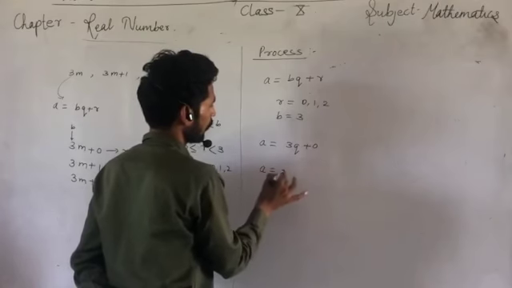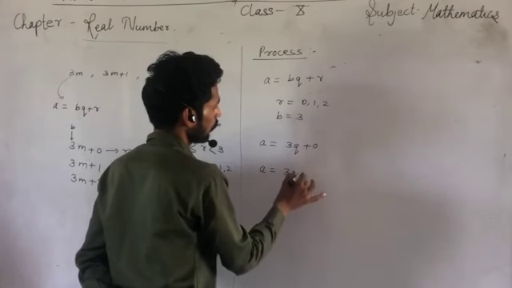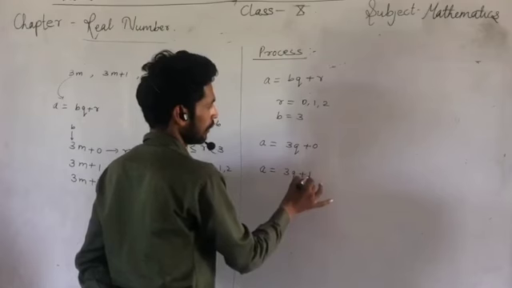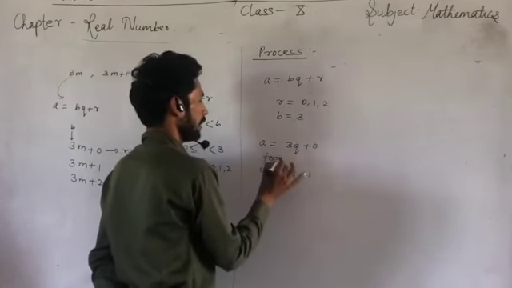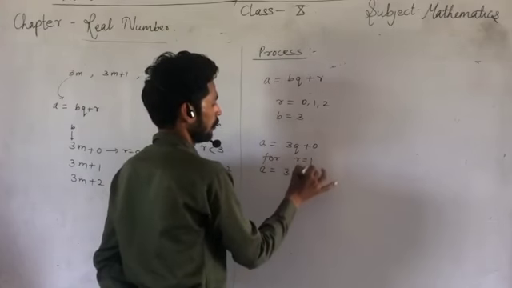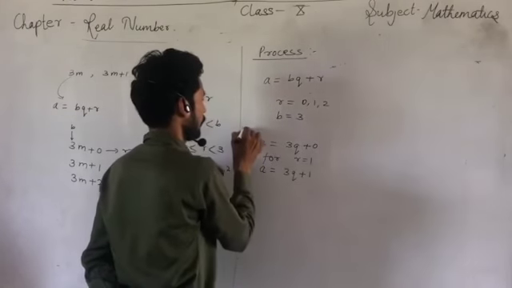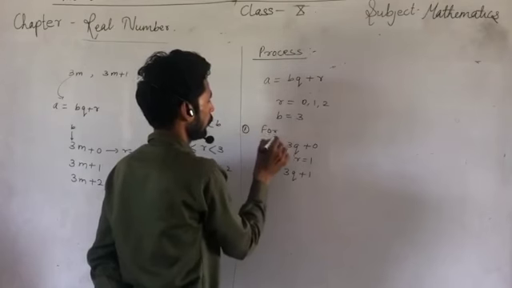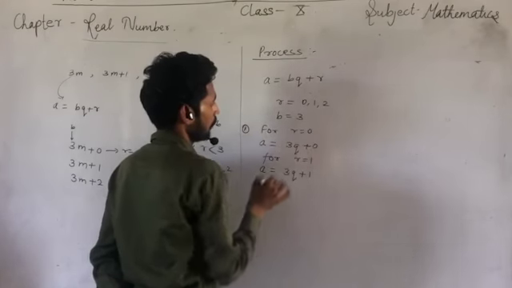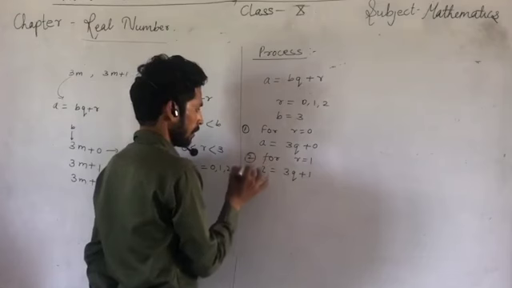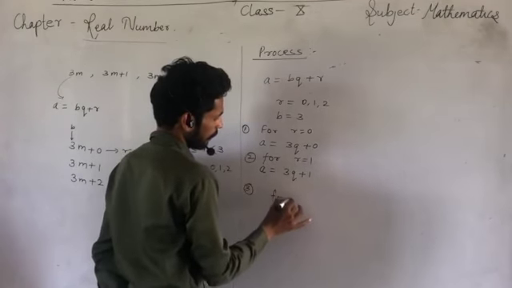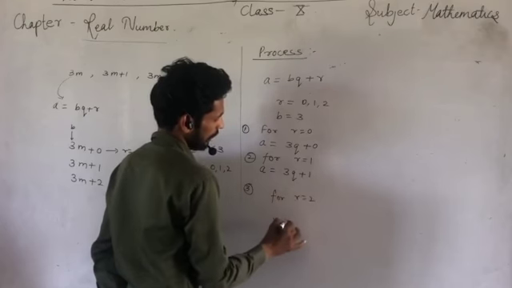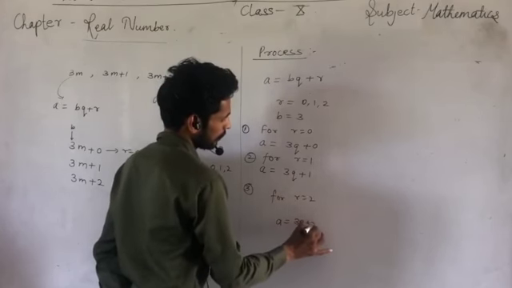Next, A equals 3Q plus 1. We write this for R equals 1, and the first step is for R equals 0. And step number 3, when we take R equals 2, then A becomes 3Q plus 2.